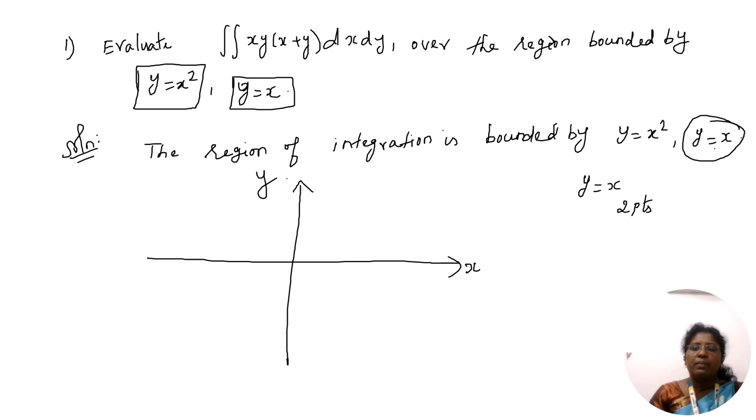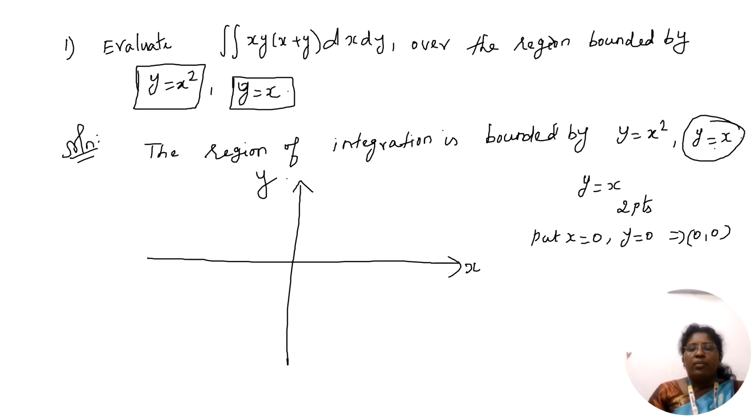So find the points. Put x equal to 0, then find the value of y. Putting x is 0 in the equation, we get y is equal to 0. So if x is 0, y is also 0, and we get the point 0, 0.